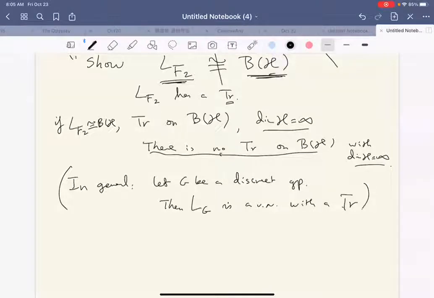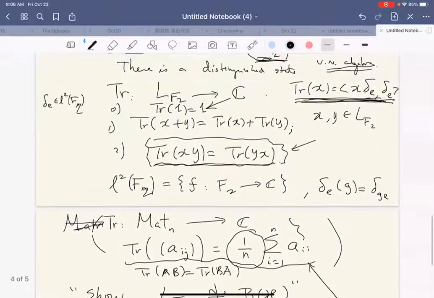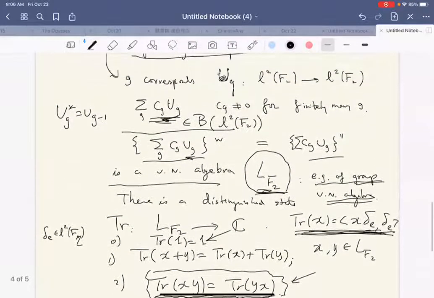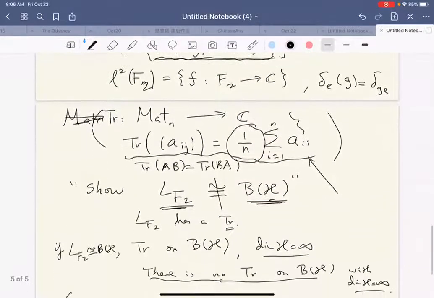But that has a trace. So the difference is that LF2 has a group action, and that helps you define a trace. Without the group action, you cannot define a trace in general. Yes. This LF2 is very special. It's related to the group representation, the left regular representation. And that's the key issue.